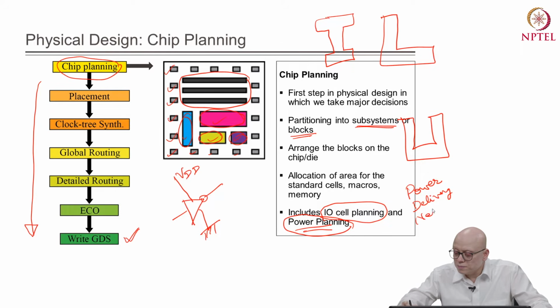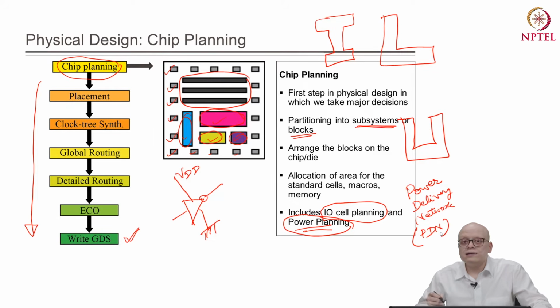So, while designing this power delivery network or PDN, a critical requirement is that the voltage drop should be within some tolerance limit.